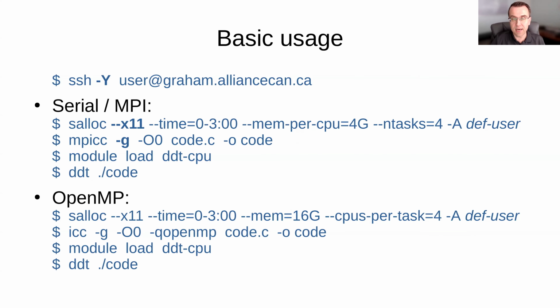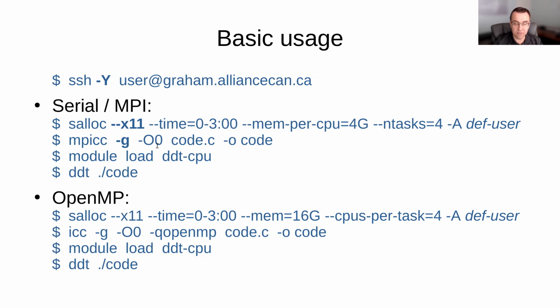So again, continuing with the X11 forwarding scenario, here's the basic usage summary, over two slides actually. First, on your terminal, like MobaXterm, you execute the SSH command to the cluster, in this case Graham. You have to add -Y to enable X11 forwarding. And then you execute the appropriate salloc command.